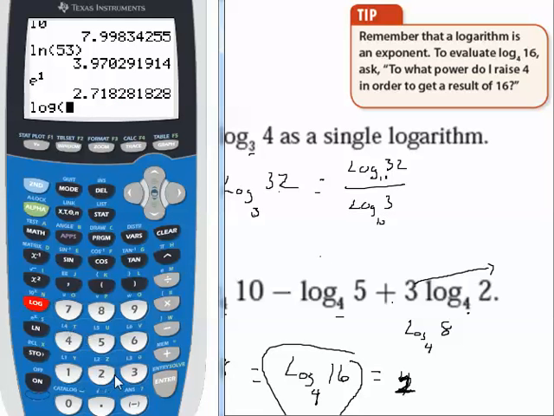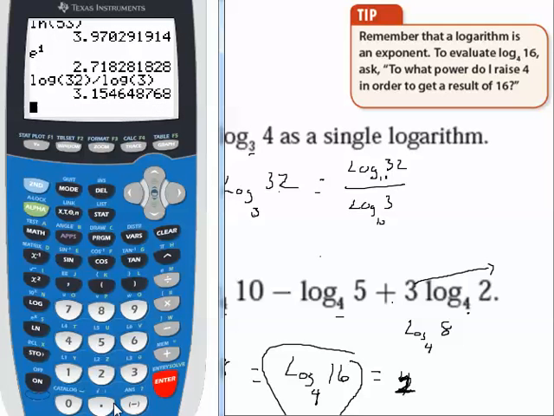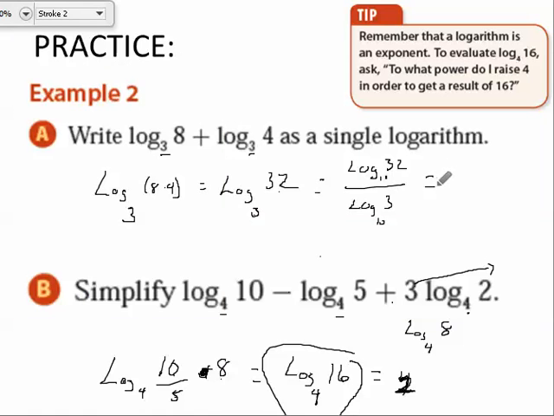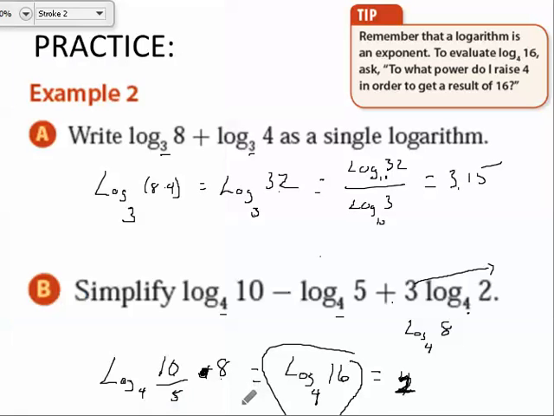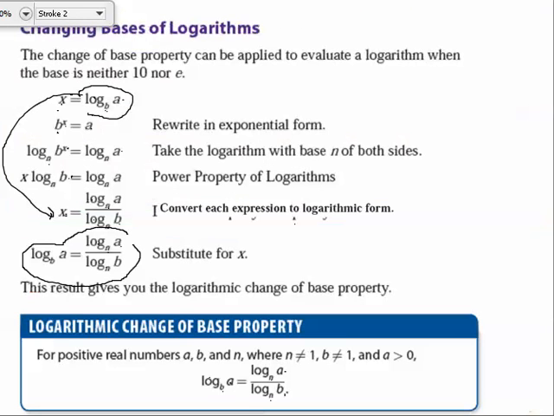We can press log 32, close parenthesis, divided by log 3, close parenthesis, and hit enter, and it gives me a value, 3.15. I didn't write any more decimals than that, so that works, 3.15. Can you see how we can do that now? That becomes a useful trick.